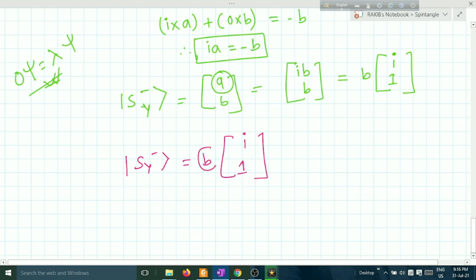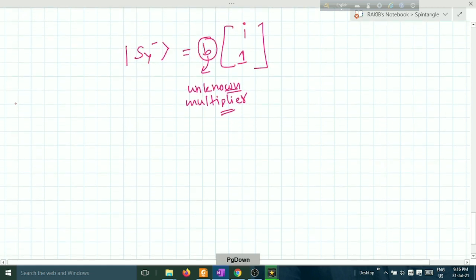Now this b is the factor, an unknown multiplier. We have to remove this. How to remove this? By using the normalization condition. We know the normalization condition, that bra psi minus ket psi minus.